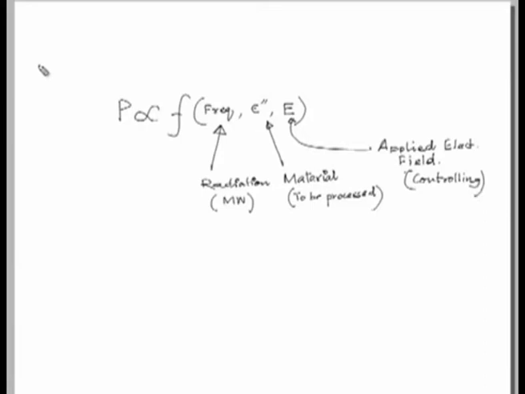Therefore, the power that will be dissipated or absorbed in microwave processing is influenced by this electrical field, E. As all of us know, as far as control of the process is concerned, if the quantity is electrical, it is easier for us to control the process. So is the case with microwave processing of materials.